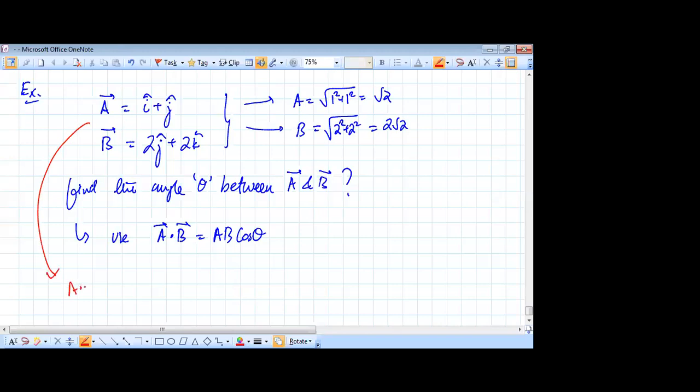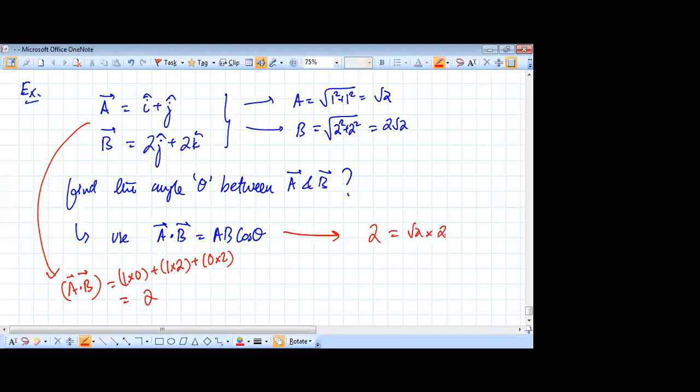A dot B how much is it? A dot B is 1 into 0 because its x component is 0, plus 1 into 2 plus 0 into 2. So the dot product is 2. So now in this substitute, the left hand side is 2. A dot B is 2. The right hand side is this.